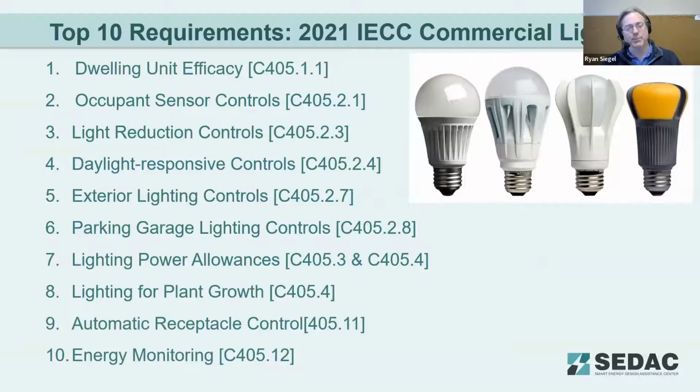and the like. Before we dive into that, we do want to launch a poll here and get people's familiarity with and understand, what do you struggle most with? Is it the lighting power density requirements, occupant sensors and their requirements, time switch controls, daylight harvesting controls, or other.